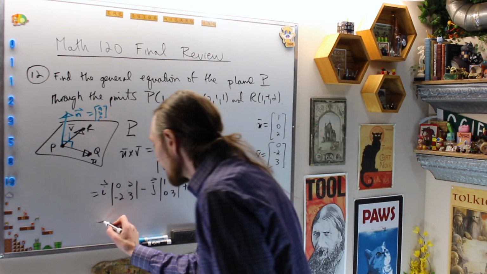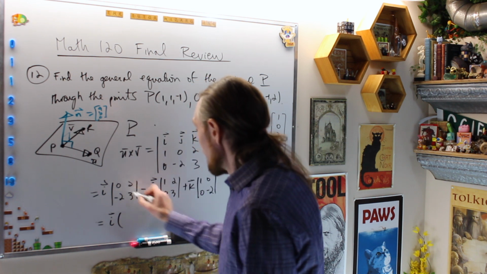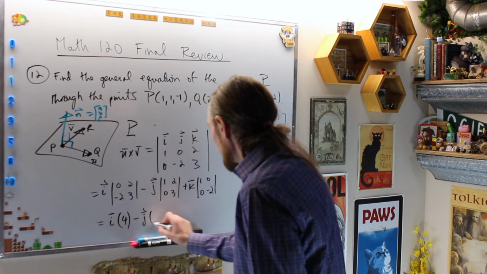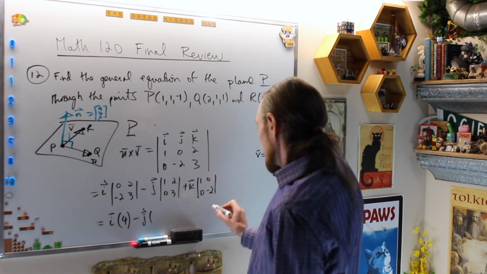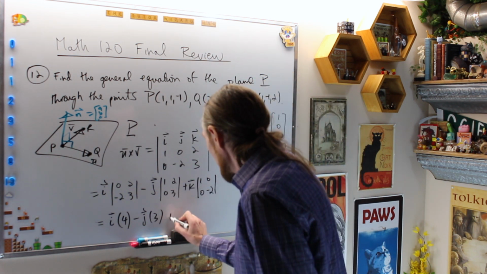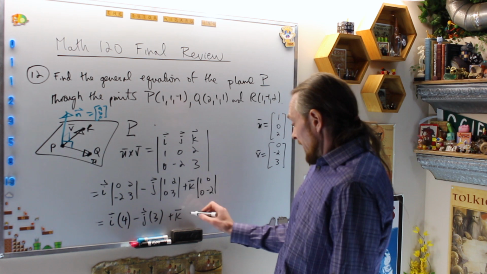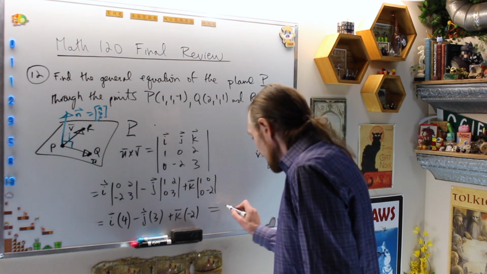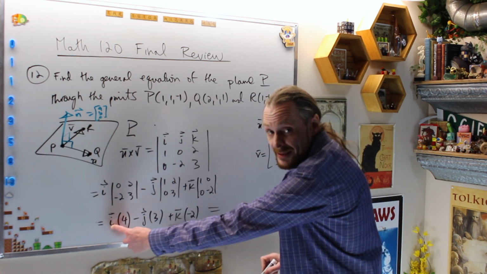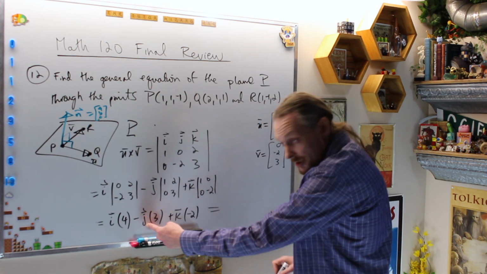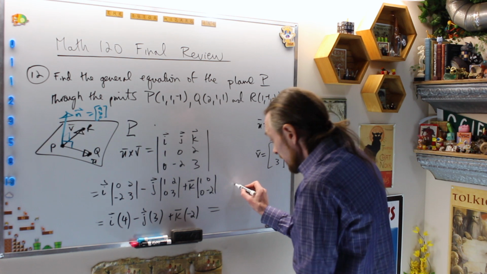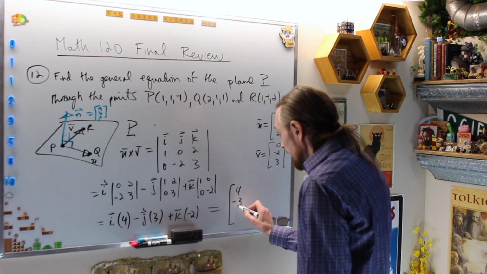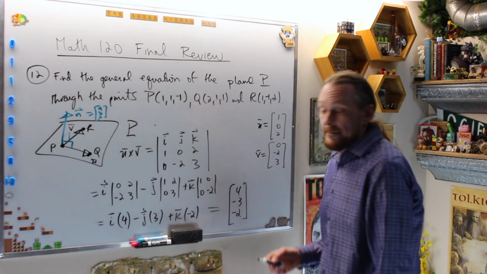This gives me the vector I times 0 minus negative 4 is 4, minus J times 3 minus 0, which is 3, and plus K times negative 2 minus 0, so negative 2. Remember I is 1, 0, 0, J is 0, 1, 0, and K is 0, 0, 1. So this gives me the vector, after adding and scalar multiplying, 4, negative 3, negative 2.